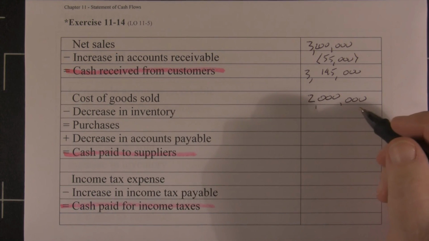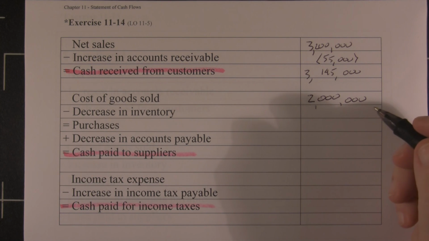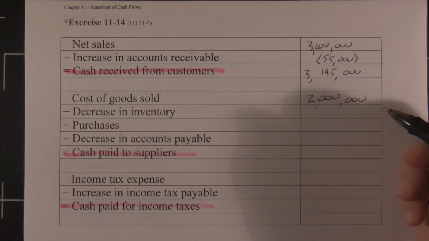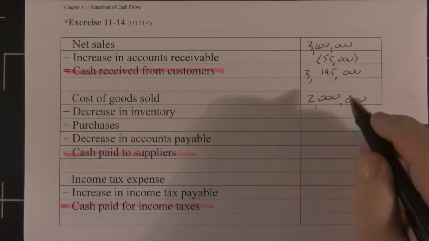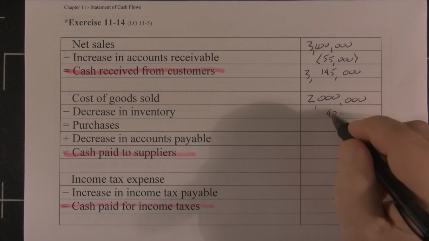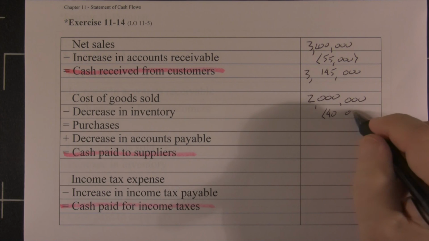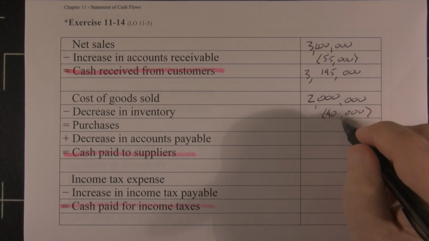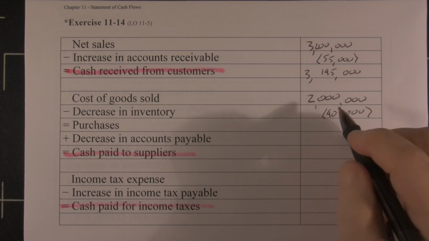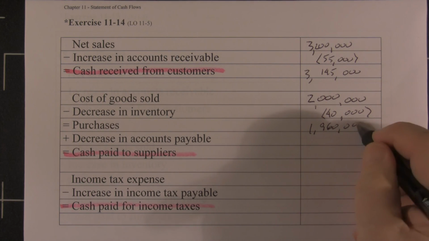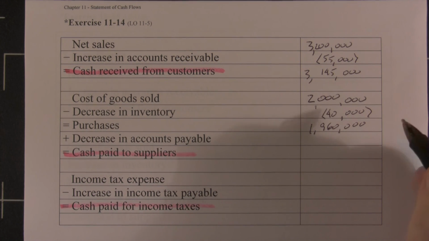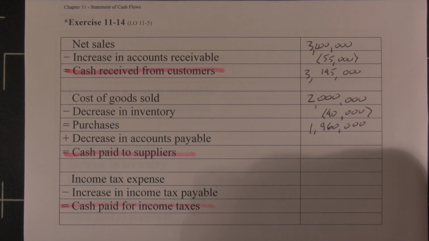So the decrease in inventory reduces our cost of goods sold. So we'll subtract that because our cost of goods sold includes a decrease in inventory. And that kind of makes you think a little backwards. But altogether, that gives us the purchases of $1,960,000. I think in this problem you'll see that my I ain't that bright method works a whole lot better.